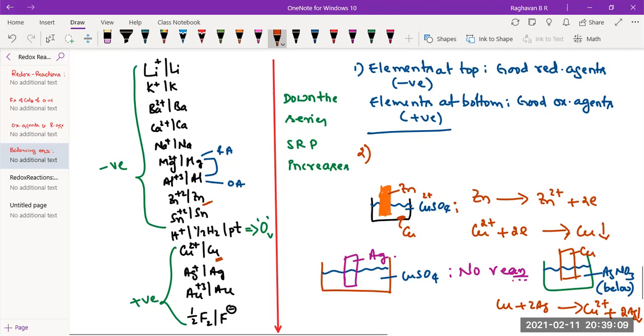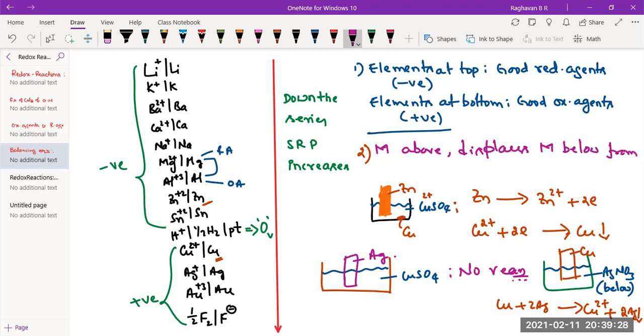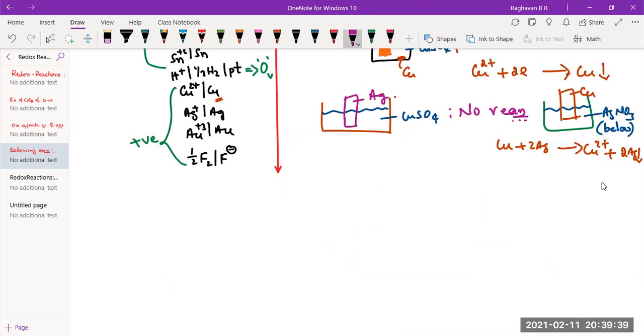Same thing, we'll make a statement for that. Okay, metal above displaces metal below, from its salt solution. Okay. The same concept here, upar wala niche wala holds good, right? The same concept will be extended to the next point.